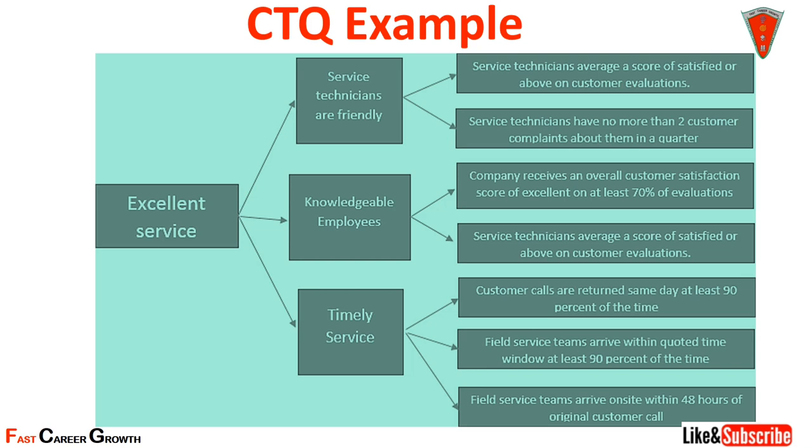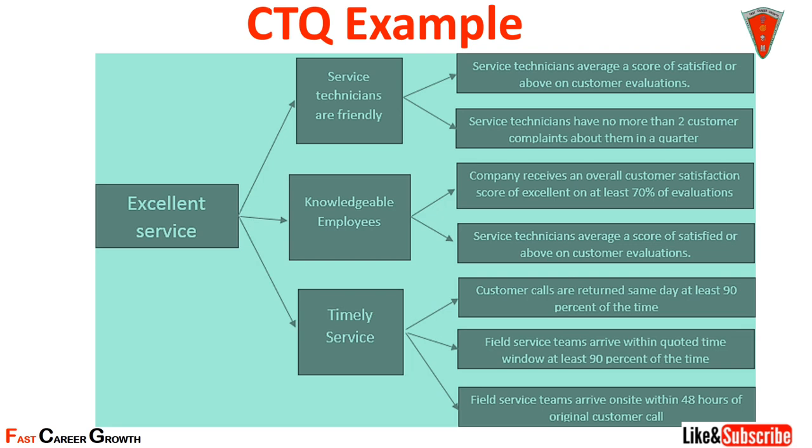Customer calls are returned the same day at least 90% of the time. Field service teams arrive within the quoted time window at least 90% of the time. Field service teams arrive on site within 44 hours of the original customer call.